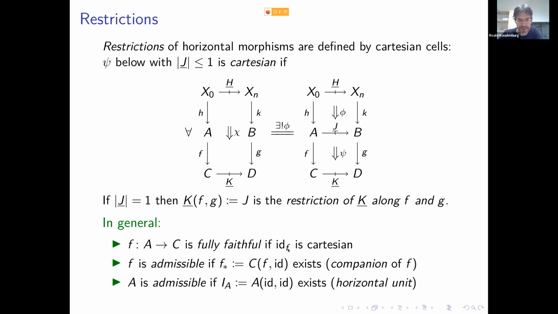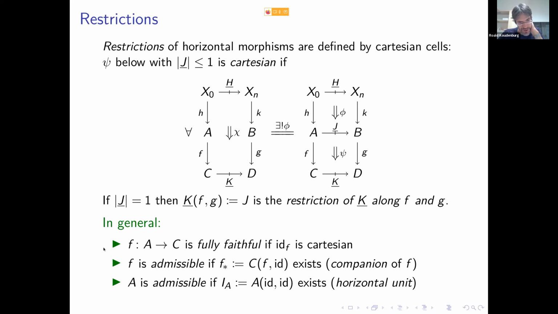That always exists. If that identity cell is Cartesian, then we call F fully faithful. F is called admissible if this restriction of its target along F exists. So that's what we call the companion of F.